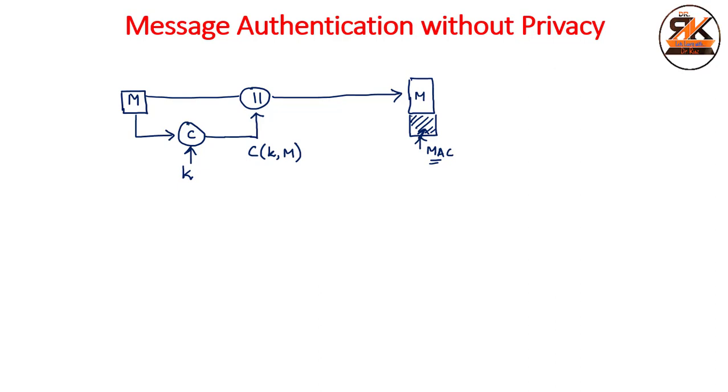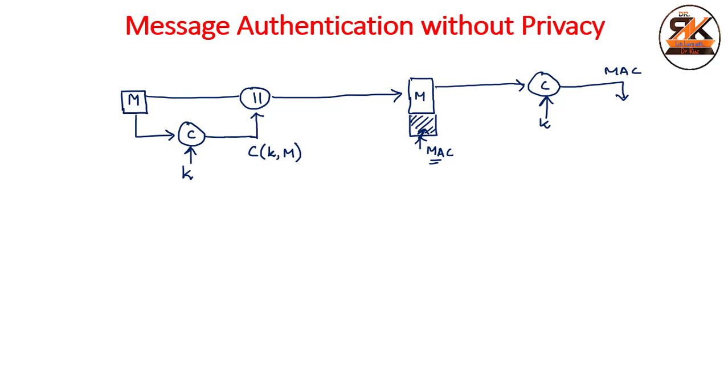Then at the receiver side, the same function C is applied to the message with the same key K, and we get the checksum, or here we call it the MAC. This is how we compute the MAC.